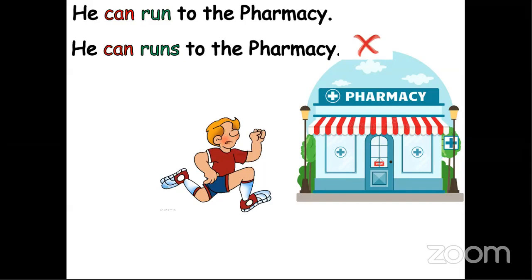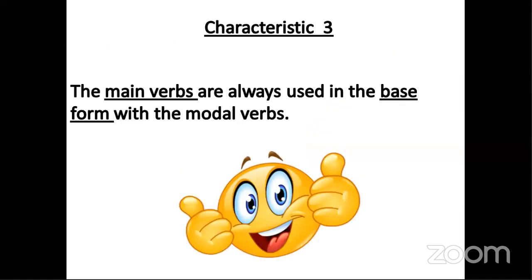We had the past tense, and then we had the past participle, we had the ing form, we had the s and es form. No, modal verbs can only be used with the base form of the verb. So the main verbs are always used in the base form with modal verbs. So this is the third characteristic, that main verbs are always used in the base form with the modal verbs.